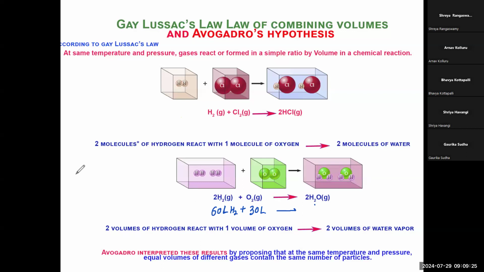Shreya, you don't use law of conservation of volume. There is only one law, law of conservation of mass. So it is 60 liters of H2O, because 2 is to 2.